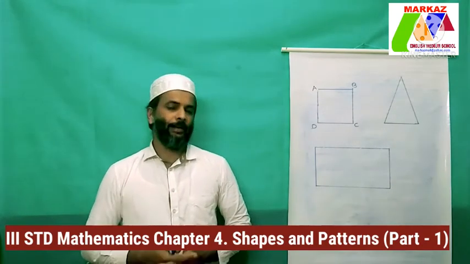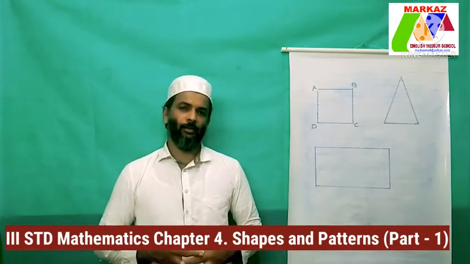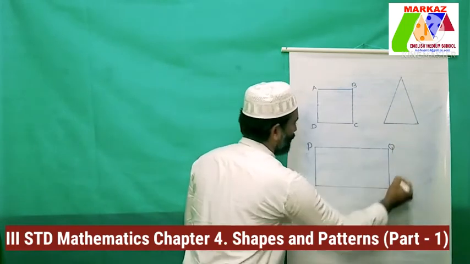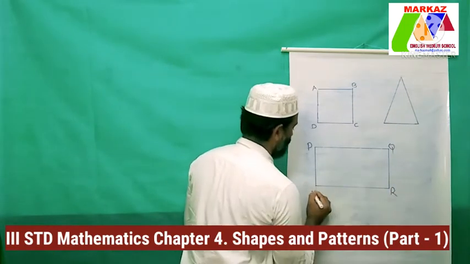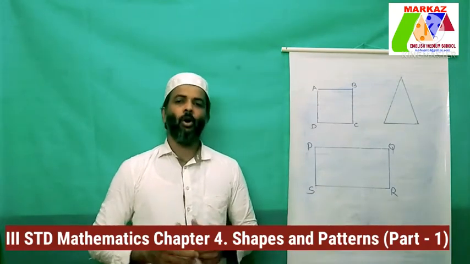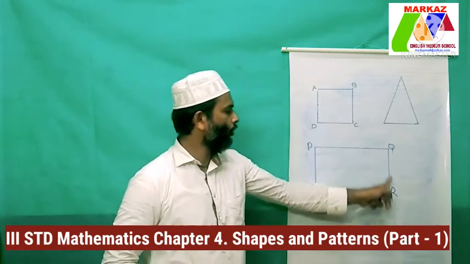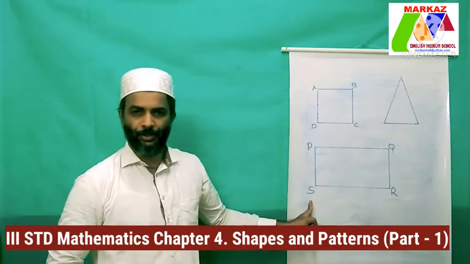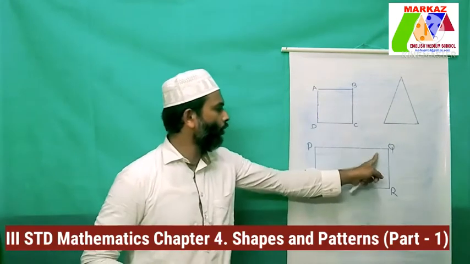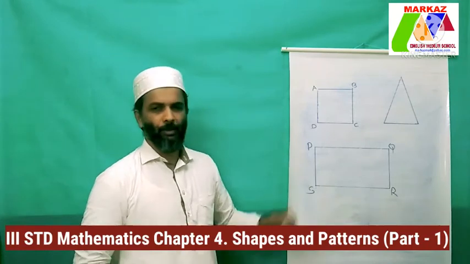Now let us name the rectangle. This is the same as the name given to the square. PQRS. So in this figure, vertices P, Q, R and S and its sides are PQ, QR, RS, SP.